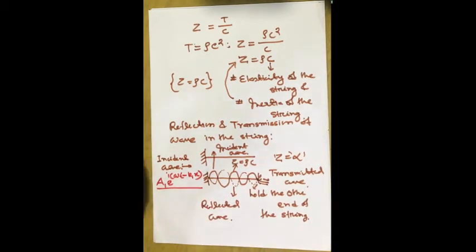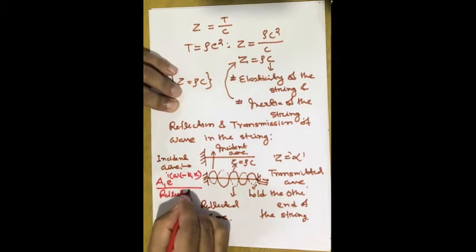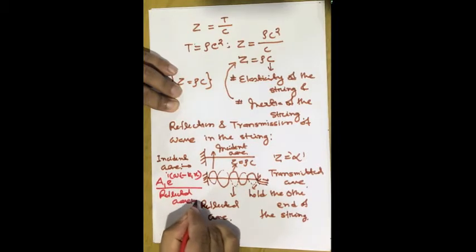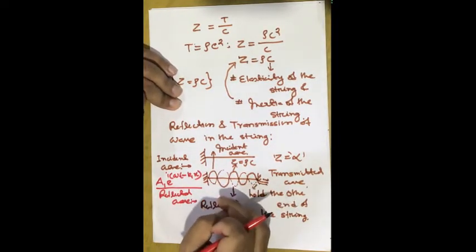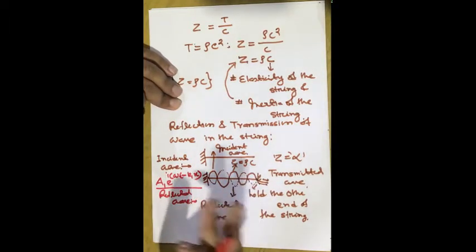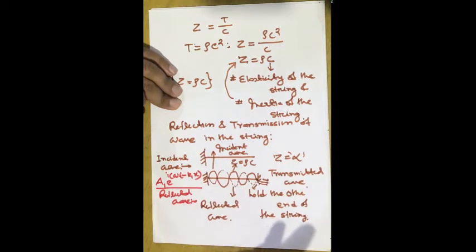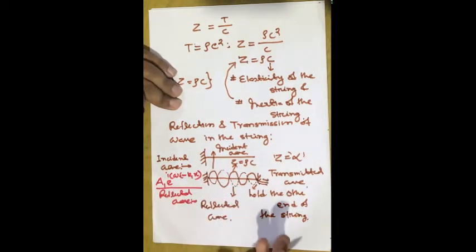Now what will be the reflected wave? The reflected wave is the wave moving in the opposite direction, but its amplitude should be different from the incident wave, because a part of the energy will be lost during diffraction. So the amplitude would be different, as we can expect.